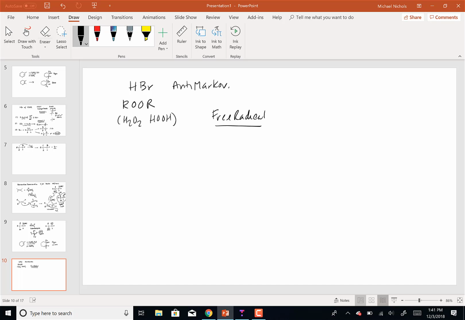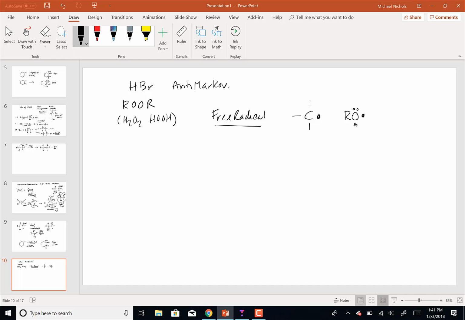Okay. Now, what is a radical? In chemistry, a radical is something that has an unpaired electron. That's a radical. So this is a carbon radical. This is an alkoxy radical. So number one, radicals are unstable. It only has one electron, it's not a pair of electrons. It has an unpaired electron.